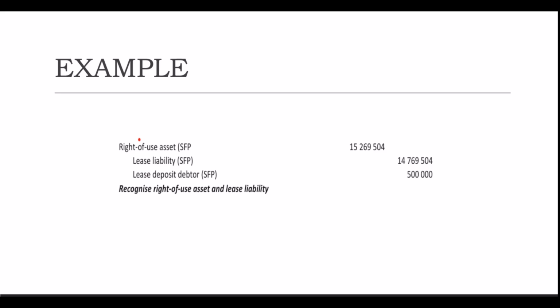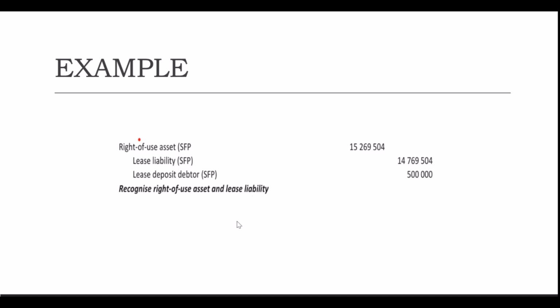But when it comes to the asset, remember, it is the liability plus other things, right? Plus the initial direct cost, plus the present value of the restoration cost, plus other initial costs. So let's see how they go.